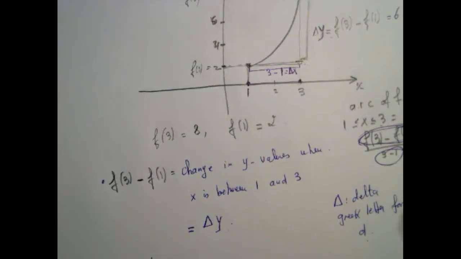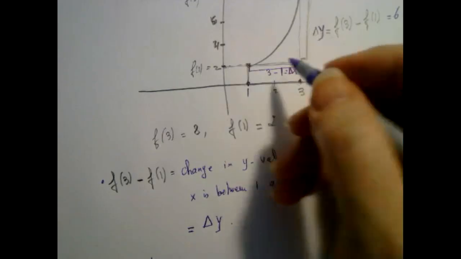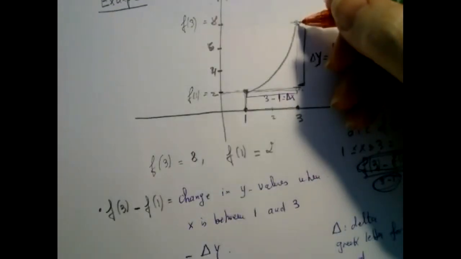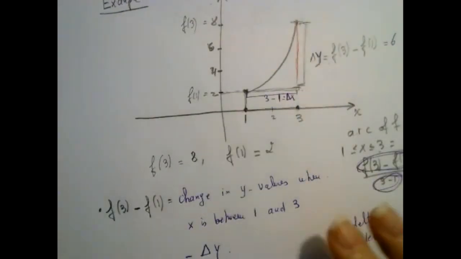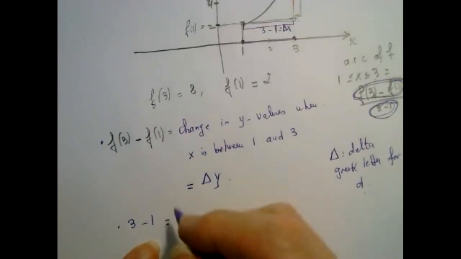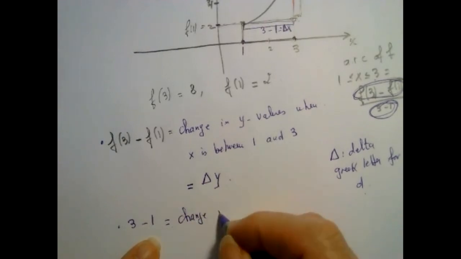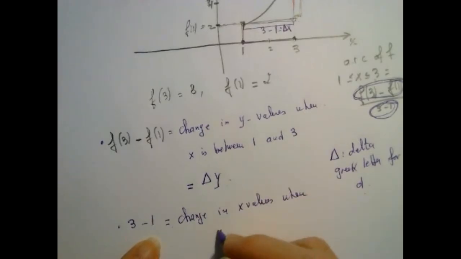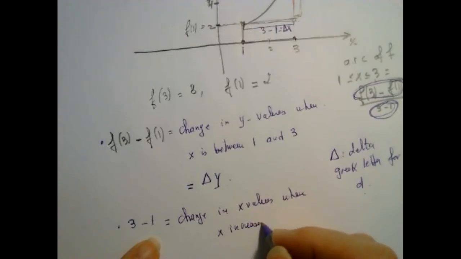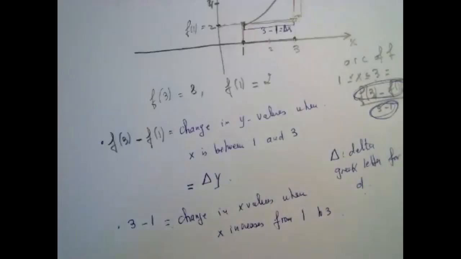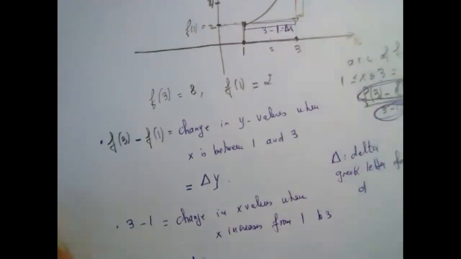So the denominator in the average rate is how much your x changes, and the numerator is how much your y changed. So 3 minus 1, the denominator, is the change in the x value when x increases from 1 to 3, and we denote this by delta x.